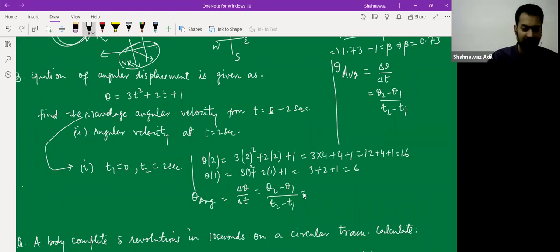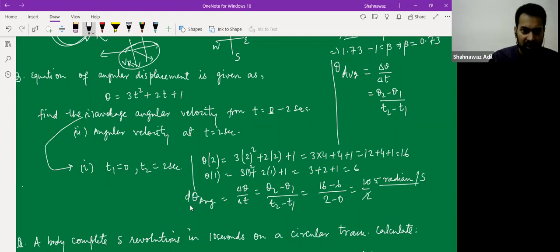That is 16 minus 6 by 2 minus 0, so 10 by 2, which means 5. And this we measure in radian, so 5 radian per second, right?